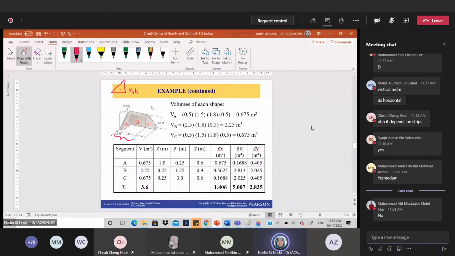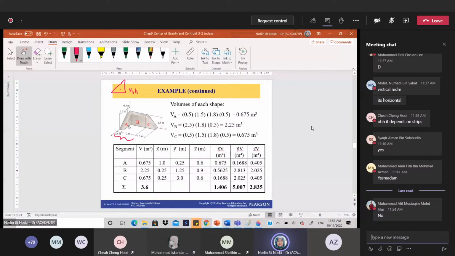So 1 over 3 height is 1 over 3 times 1.8. So it would be what? 0.6. Am I right? So that's why the Z is 0.6.